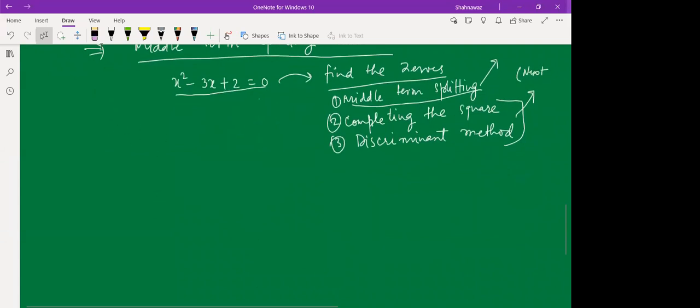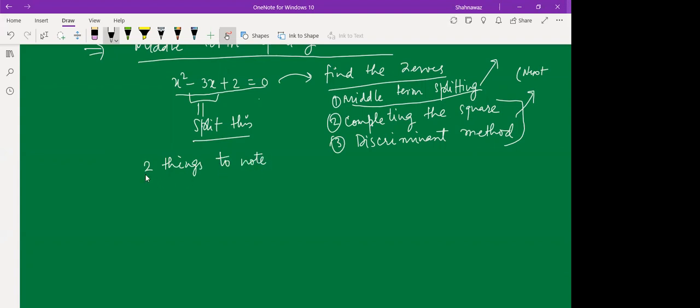So what is the middle term splitting method? This is done in your school now. So can you tell me, what do you do in the middle term splitting method? As the name suggests, you split the middle term. Yes, right. So you split this. And there are two things to note here.